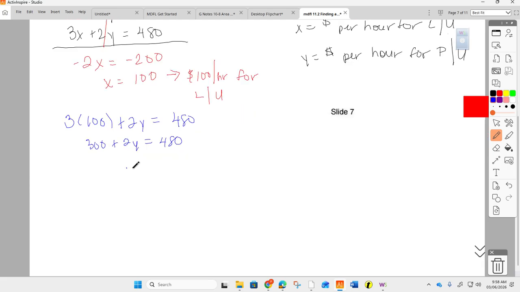Subtract 300 from both sides. 2y equals 180. Divide both sides by 2, and now I know y equals 90. But I need to be able to tell what that means. And that means that the movers are charging $90 per hour for packing and unpacking. So far, so good?